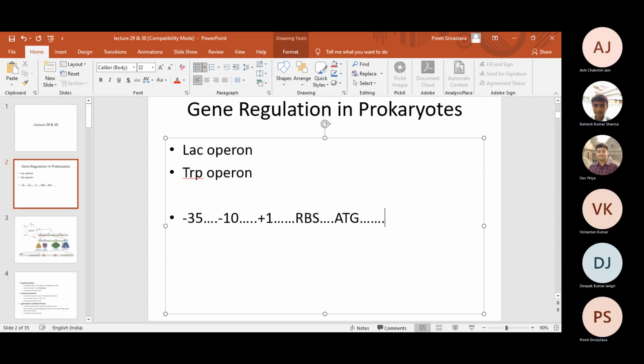Ma'am, one question: is a promoter a specific sequence, or can any sequence be a promoter? It should be just upstream to the TSS. But then I told you it should be specific in the sense that it has to have a conserved hexamer at minus 35. It should have a conserved hexamer at minus 10.